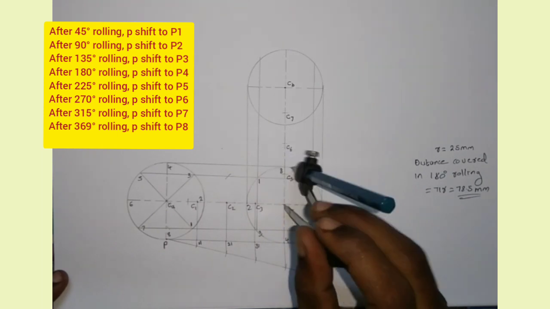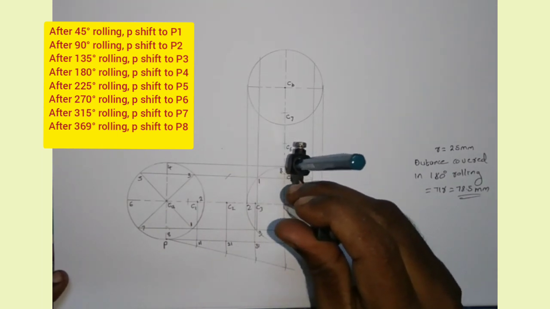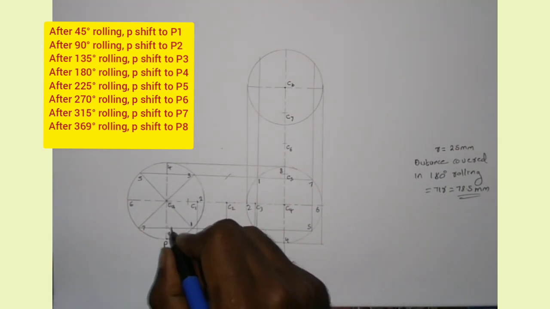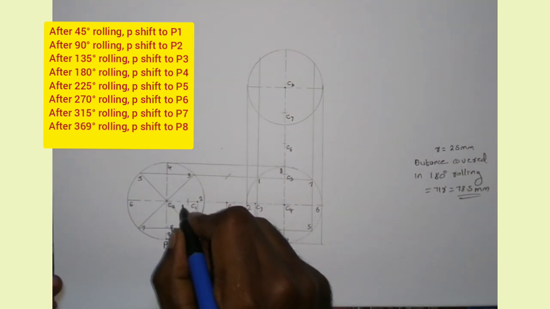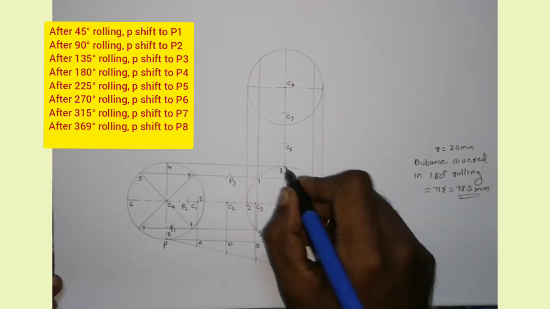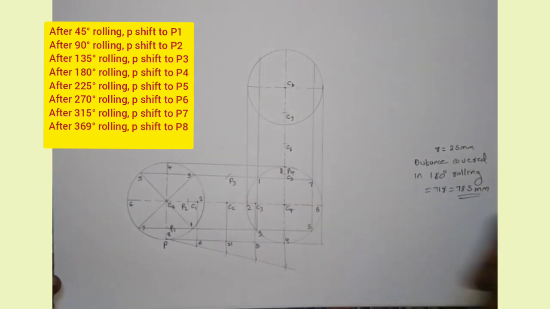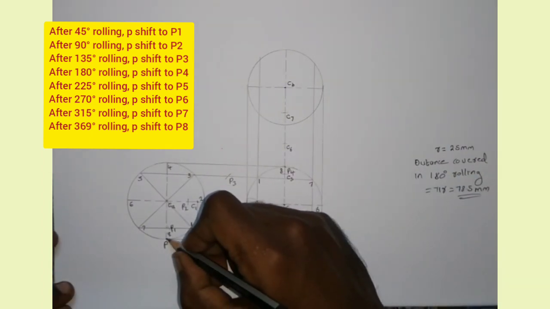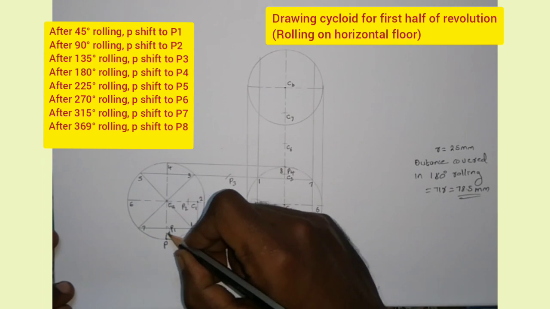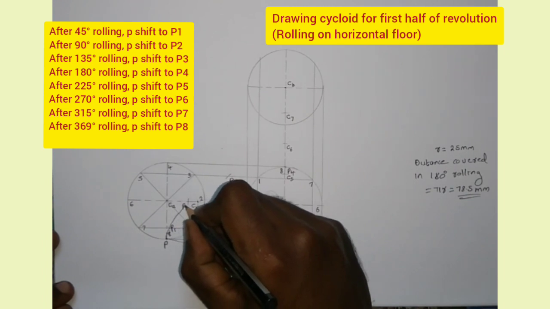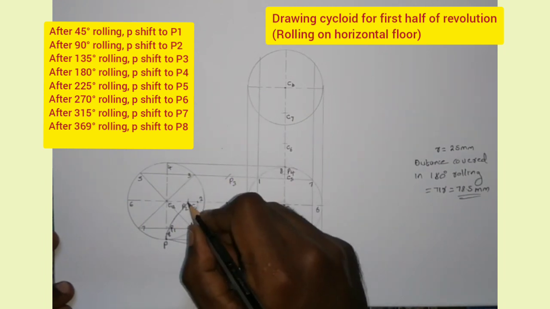Similarly, from C3 and C4 I am cutting points, and I am marking points as P1 after 45 degrees, P2 after 90 degrees, P3 after 135 degrees, and P4 after 180 degrees. And I am drawing the cycloid through points P, P1, P2, P3, and P4.